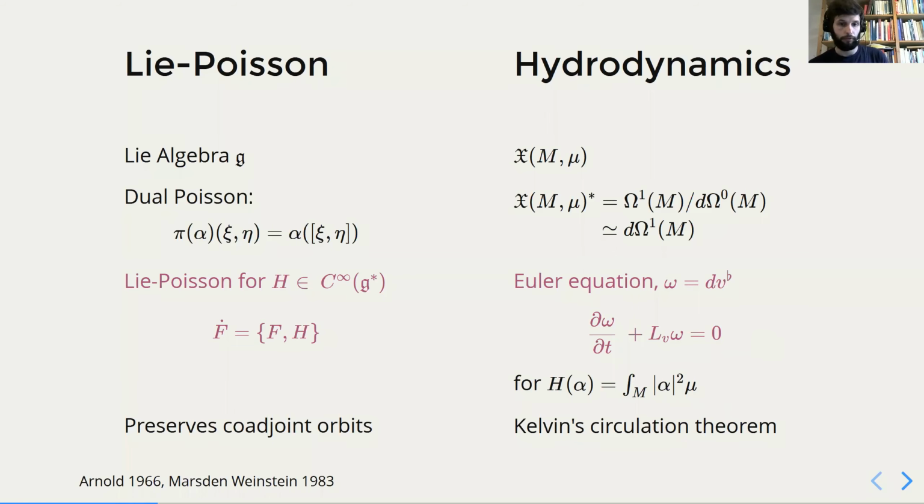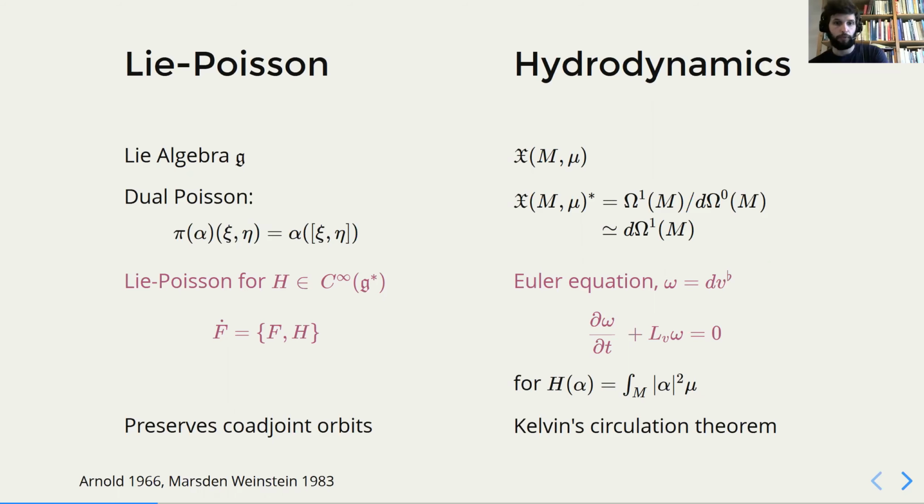And that's a consequence of this preservation of the co-adjoint orbits in the general theory. So you see that general constructions in Poisson geometry have a very nice interpretation in infinite dimensions if you apply them, for example, to hydrodynamics.